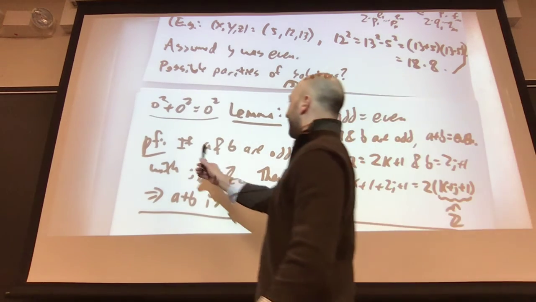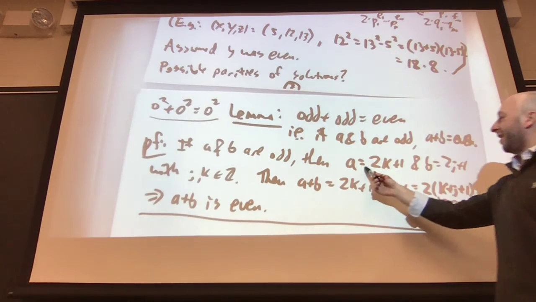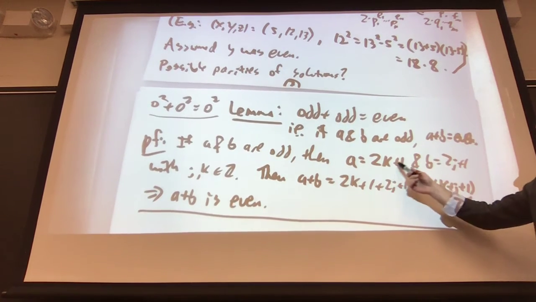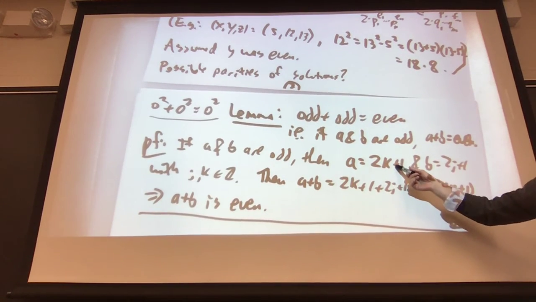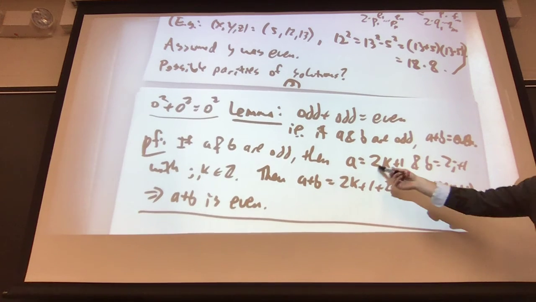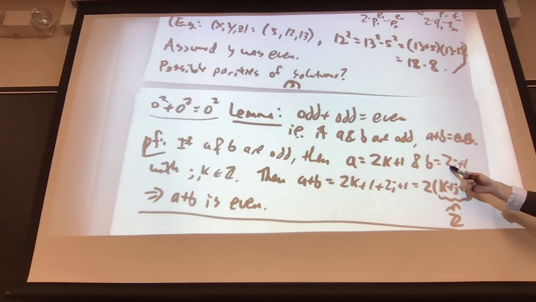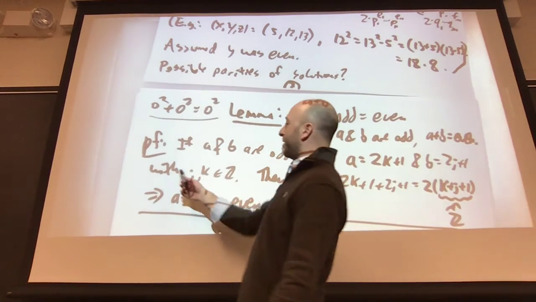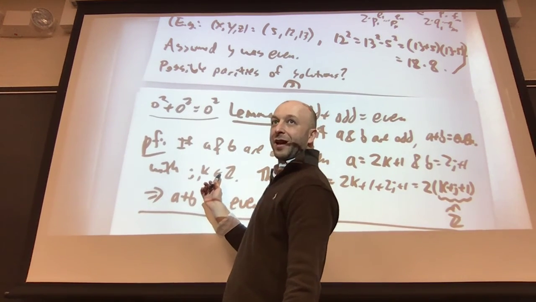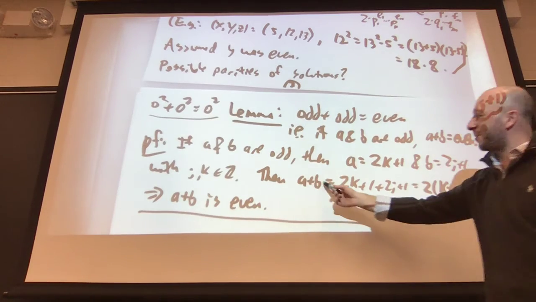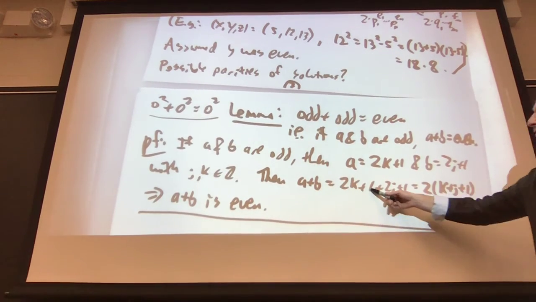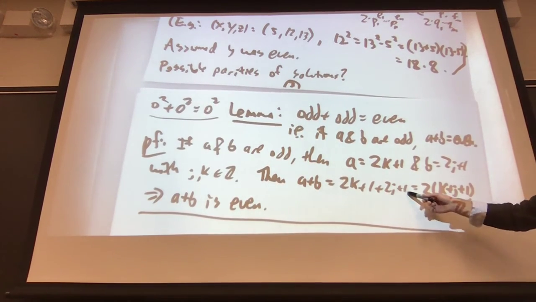Let's read Kevin's proof. If A and B are odd, then what does it mean to be odd? Odd is you're one more than a multiple of 2. You're not yourself a multiple of 2, you're one more than a multiple of 2. So there are integers, so then A is equal to 2K plus 1 and B is equal to 2J plus 1, with J and K integers. Then what happens when you add A and B? A is 2K plus 1, B is 2J plus 1.